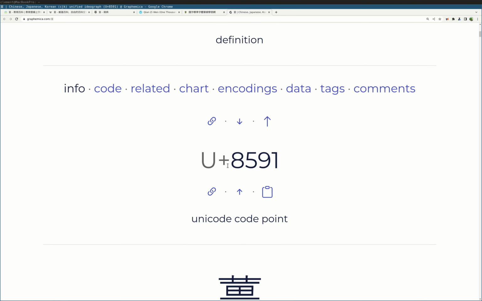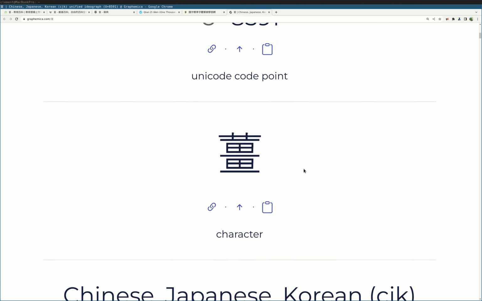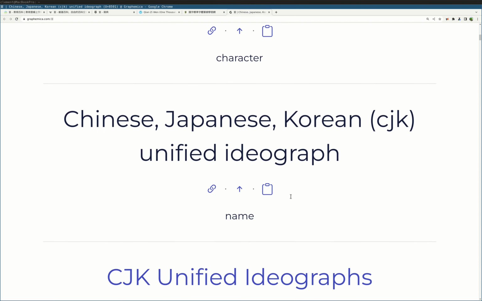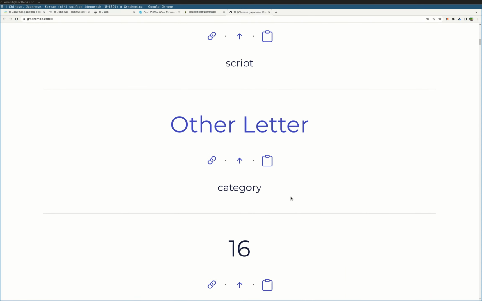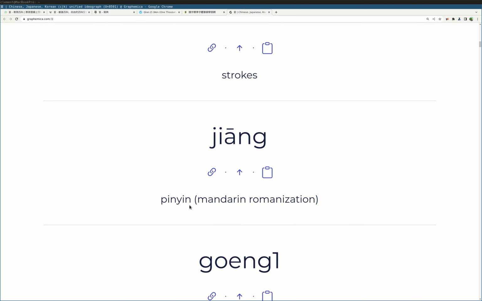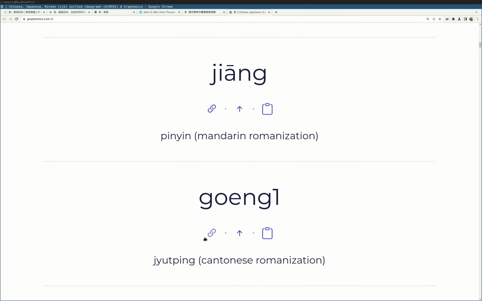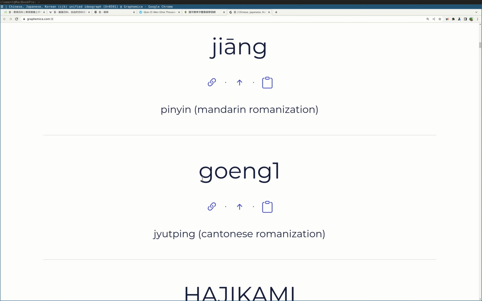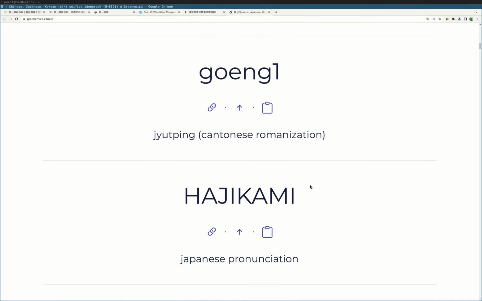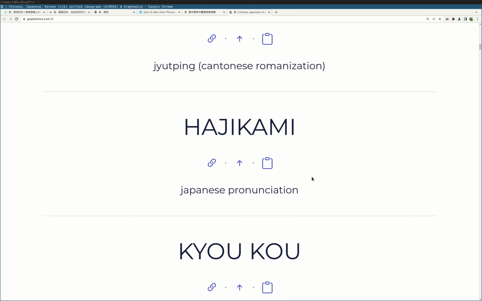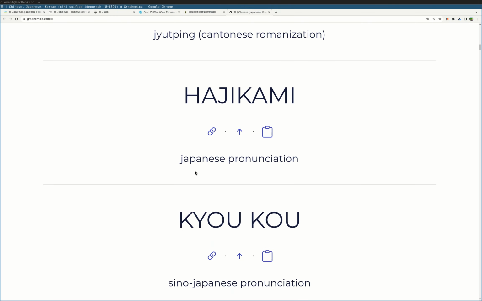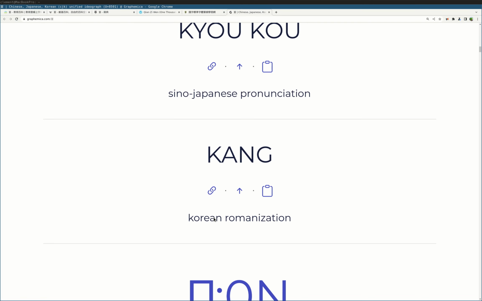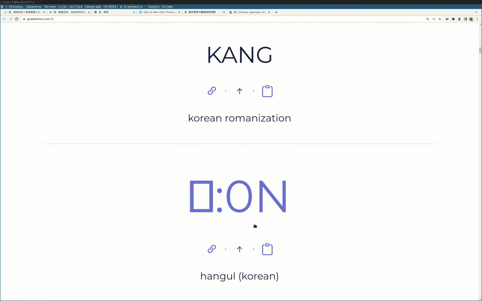Okay, now we have this Unicode character. The stroke count is 16 strokes here. The Mandarin is jiang, okay? In Cantonese, you guess it's a big difference. It's gong, okay? And this kind of vegetable is used because it's a kind of spicy vegetable used widely in Japan and also Korea, and of course in Vietnam also.